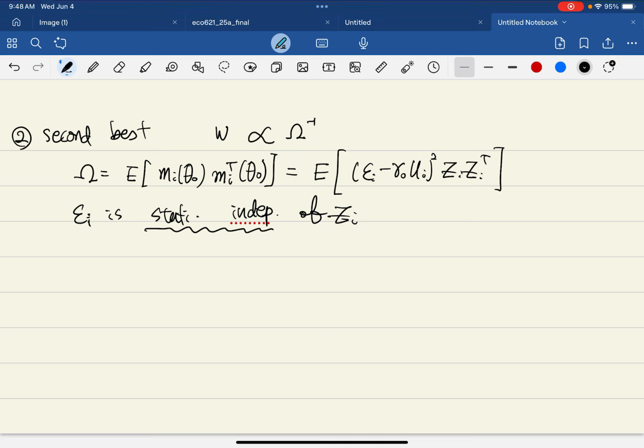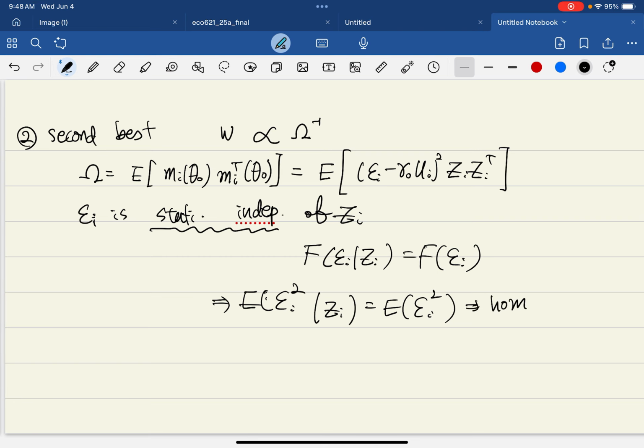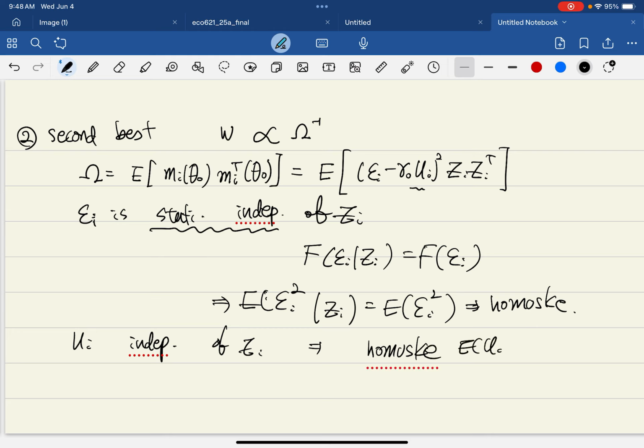It already implies the conditional distribution of epsilon given z_i does not depend on z_i, which implies the variance of epsilon conditional on z_i does not depend on z_i. So it automatically implies homoscedasticity. Same thing, I also assumed u_i is independent of z, which also implies homoscedasticity for u_i.